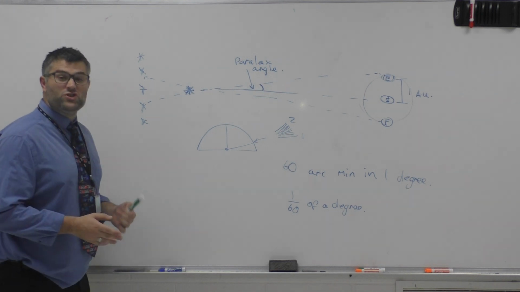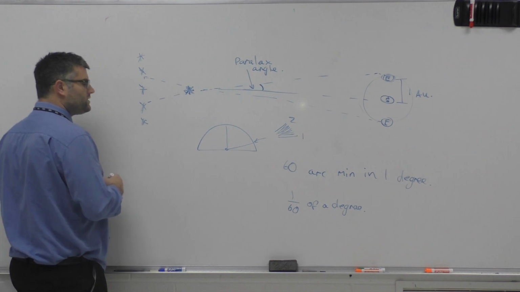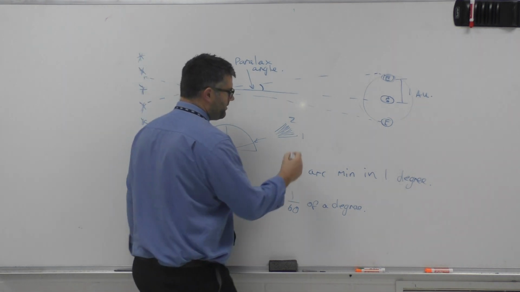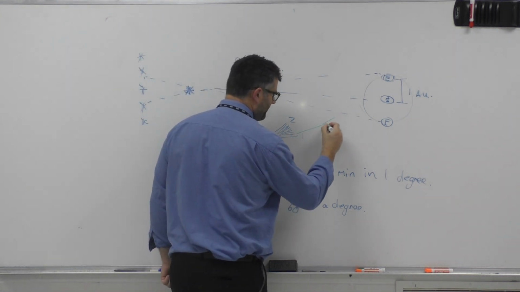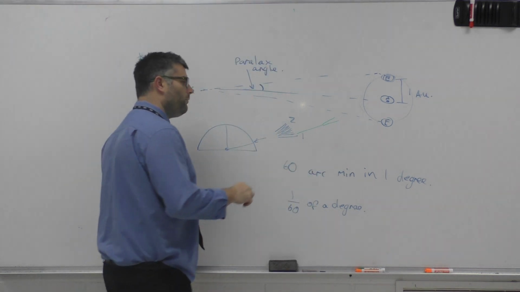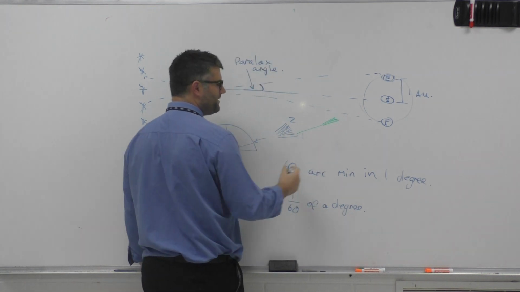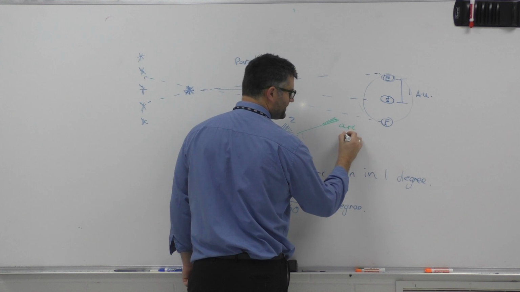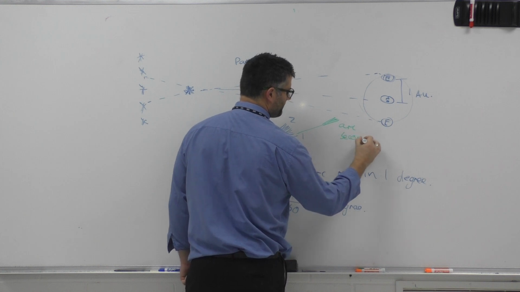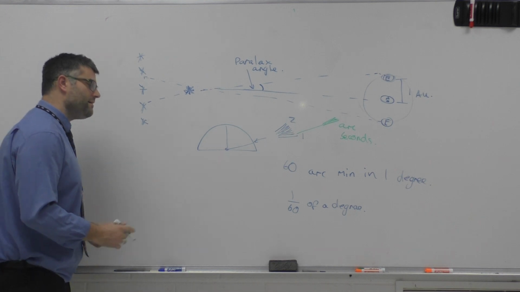But what if we want to go smaller than that? Because again, these stars are really, really far away. So we want to measure smaller than an arc minute. Well, we can split an arc minute up into, hopefully you guessed it, arc seconds. And there are 60 arc seconds in an arc minute.